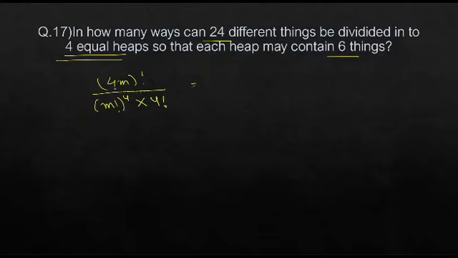Now m here will be equal to 6, so it will be 24 factorial over 6 factorial raised to the power 4, and then 4 factorial. So this particular thing will give us the answer to this question.